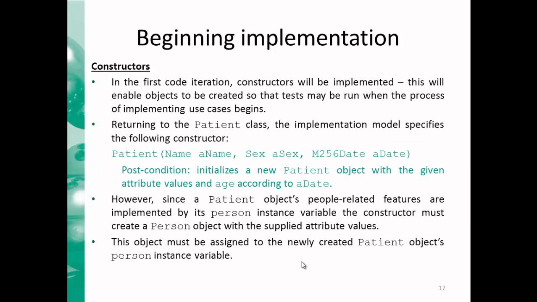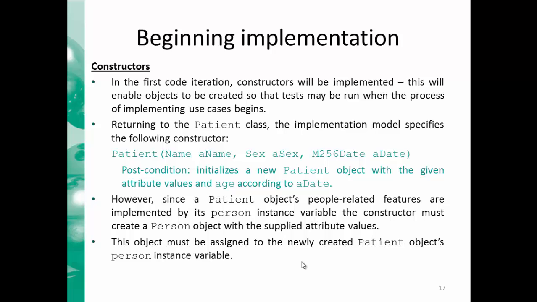After declaring the attributes, we build constructors for our classes, and in our case, we need to build at least one constructor for class patient. This constructor will basically initialize the main attributes in the class patient. It will initialize the attributes name, sex, and date.